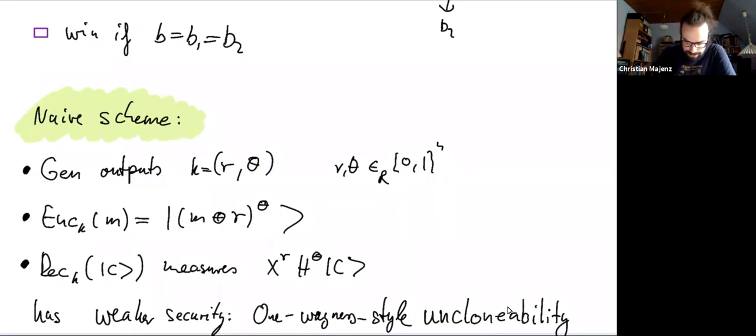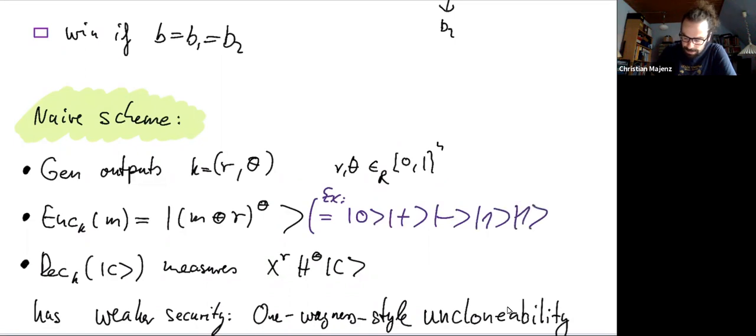As an example, this would be 0, plus, minus, 1, 1, etc. It's some string of BB84 states.